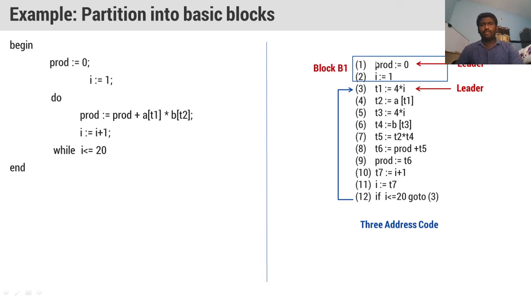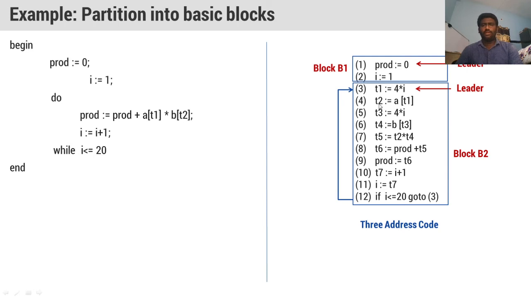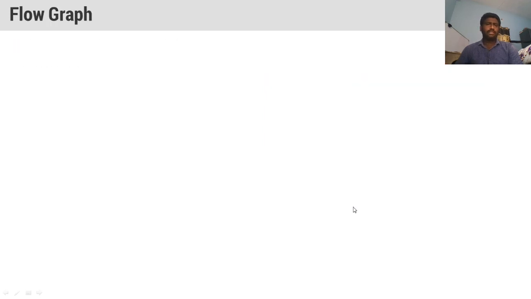We consider the first two statements as block B1 and the next group as block B2. Whenever we see the conditional statement, we jump to the conditional branching target. That's why this is one block and this is another block, and we can understand the basic blocks concept like this.